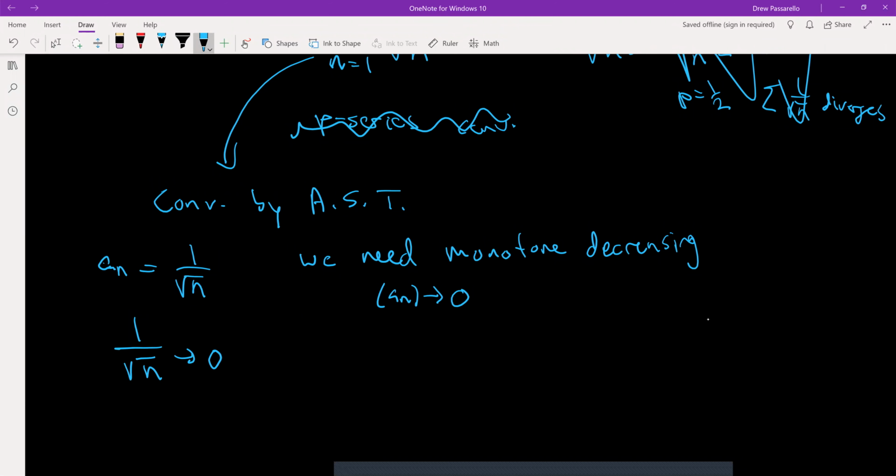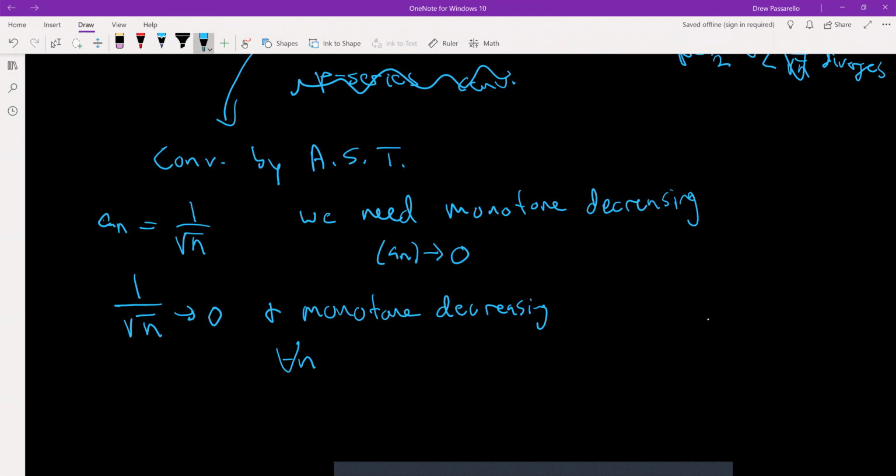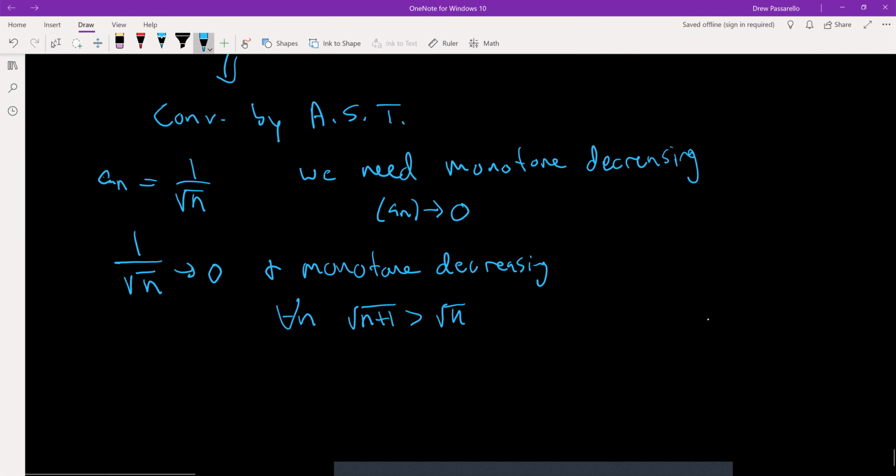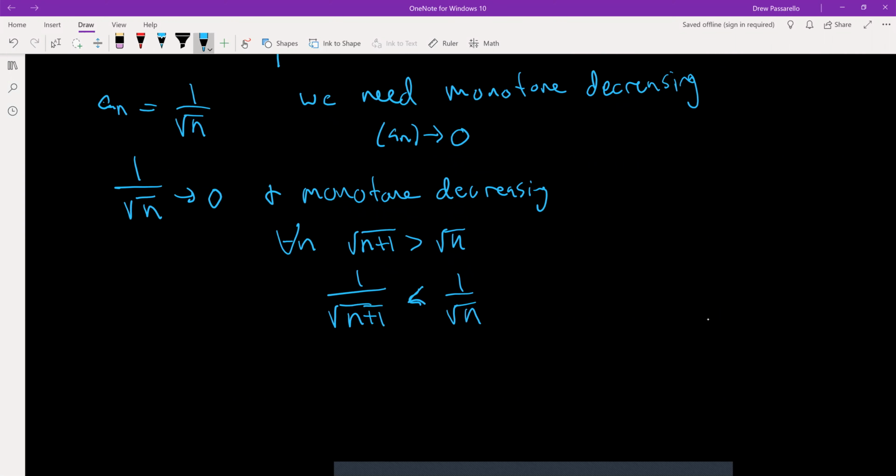And it's monotone decreasing. Right, since for all n, we have that the square root of n plus 1 is greater than square root of n. So 1 over square root of n plus 1 is less than 1 over square root of n. And so we have the n plus 1 term is less than the nth term.